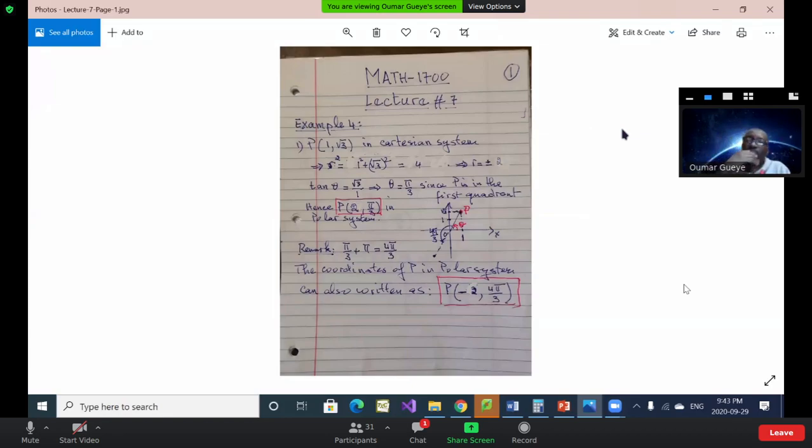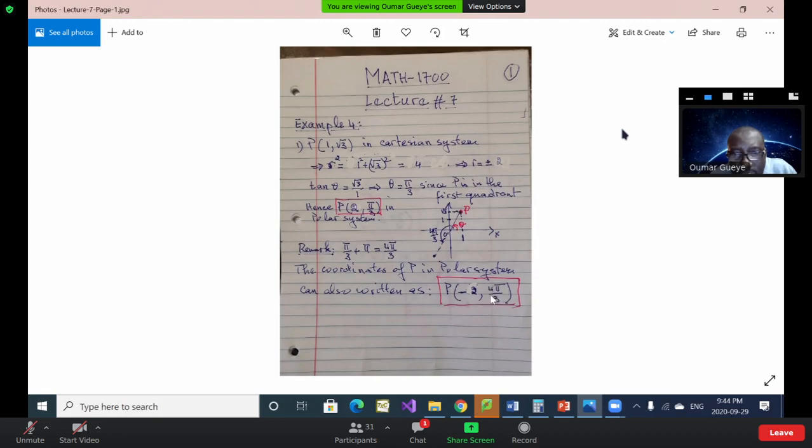Yeah, the same point. So I just did this in order to show you different ways to represent the same point. But it's gonna be helpful when it comes time to sketch the curve. You need to understand the meaning of the negative r. It means the symmetry. That's why I said when you want to sketch a curve, you first locate the angle.